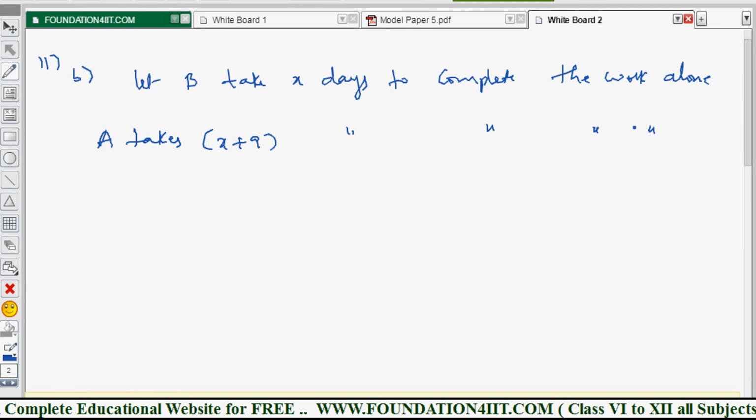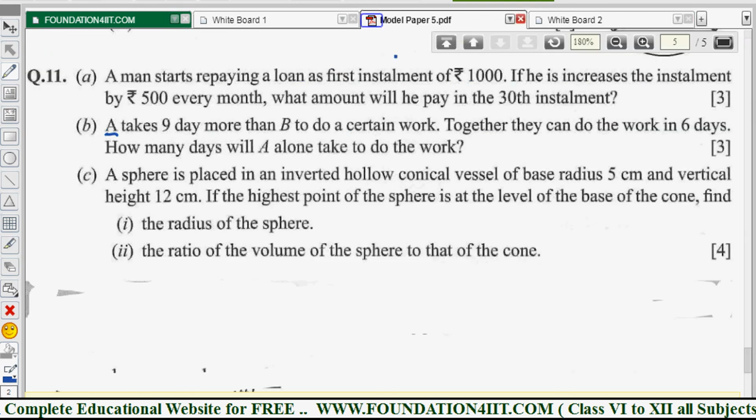These two. Now together they can do it in 6 days. Come to the question: how many days will A alone take to do the work? We need to find that out. That means B alone we should find out first, then A will come by adding that number.